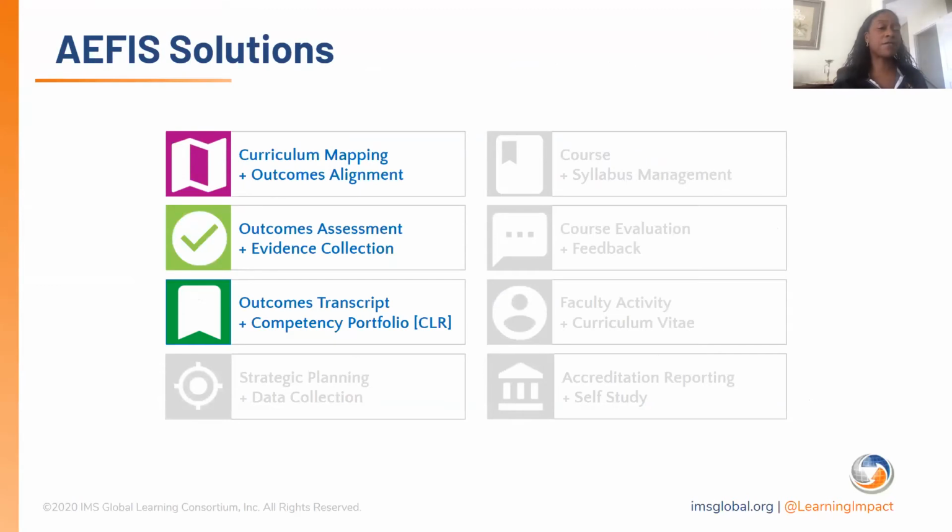So we're using AEFIS for our comprehensive learner record. AEFIS, this assessment management platform, has a great, robust suite of tools. In order to accomplish the work we're doing for our CLR, we need the curriculum mapping tool, and Natasha's spoken eloquently about what's so important about mapping those outcomes and the assessments that are used to measure whether the students have reached a certain level of competency.